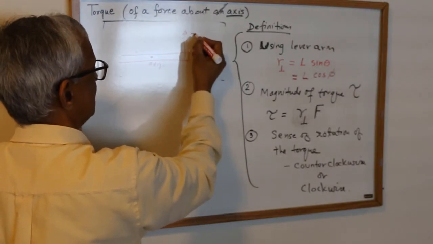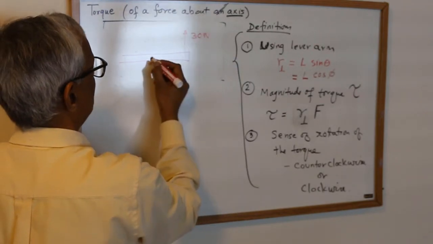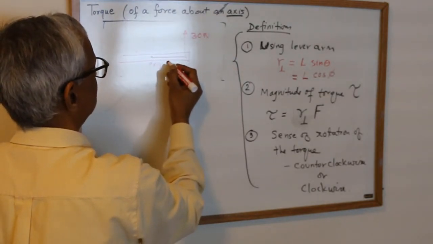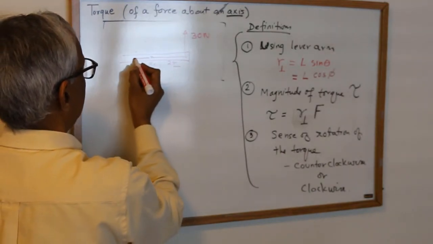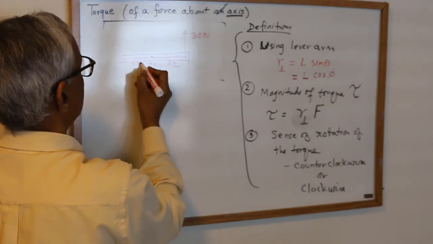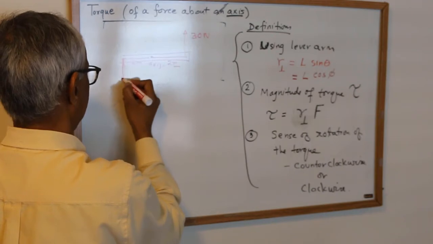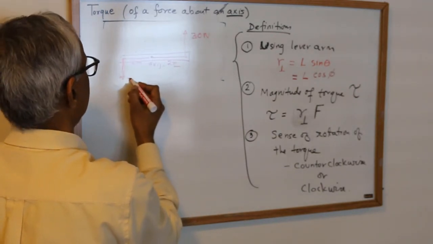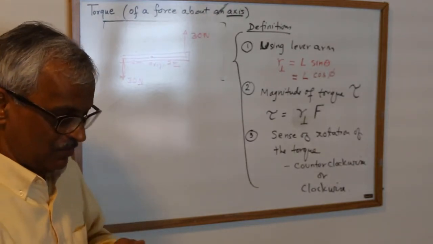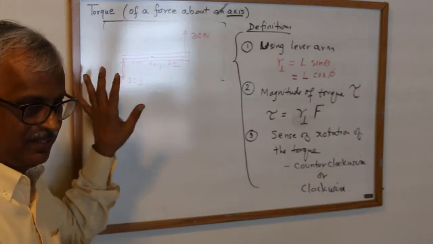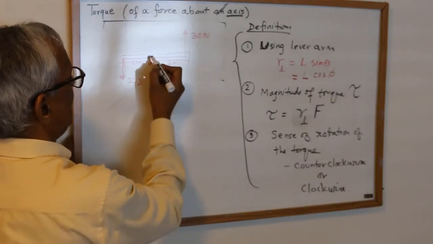Let's say this is 30 Newton that way, and from here to here is 2 meter, and from here to here is also 2 meter, but I'm going to put 30 Newton that way. We're not figuring out rotation yet, just the torque. So you have two forces, and here's the axis.